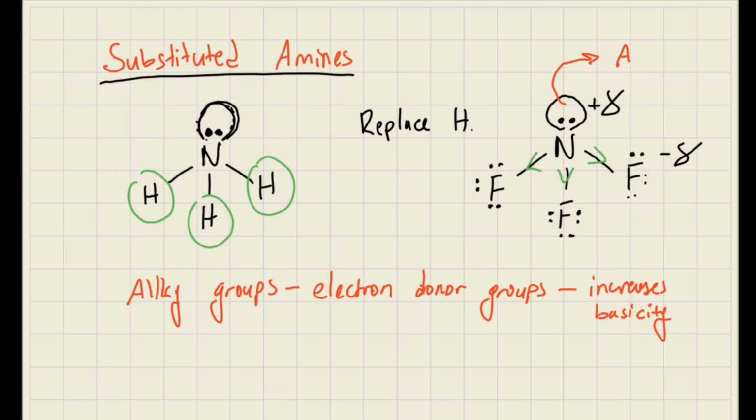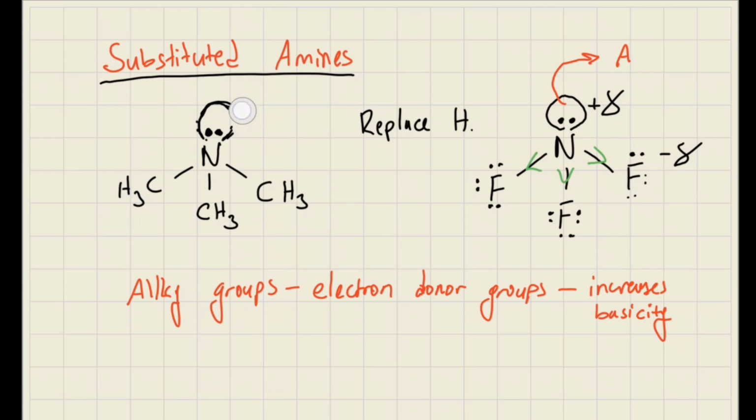What's happening is that if we add to the NH3, for instance, I will use this molecule, we can just add a methyl group, right? So the methyl group, CH3 group, can donate its electrons the opposite way.